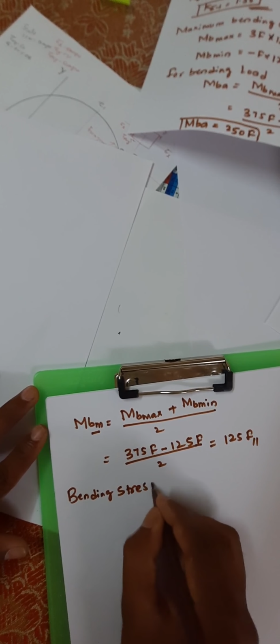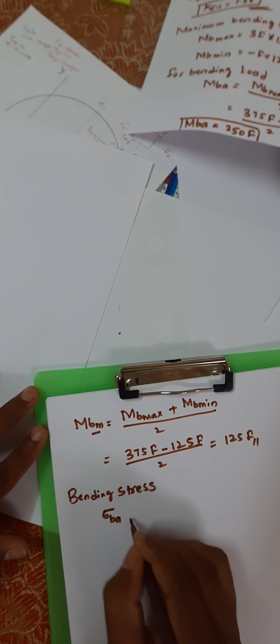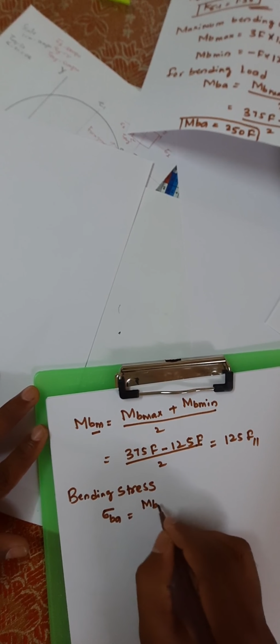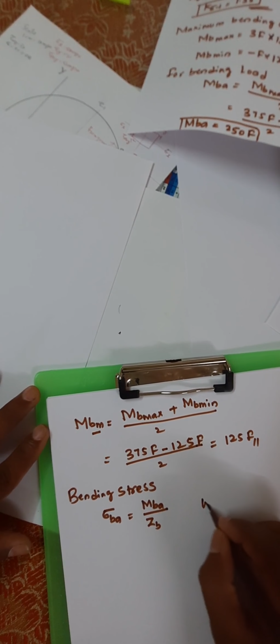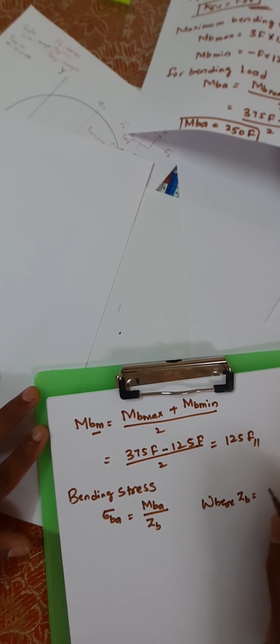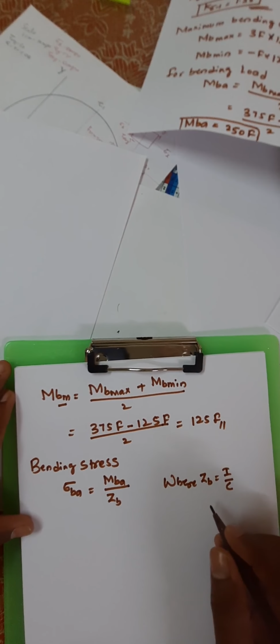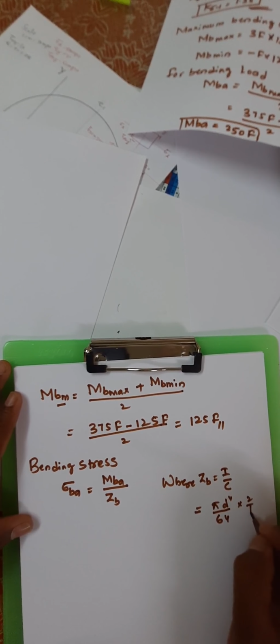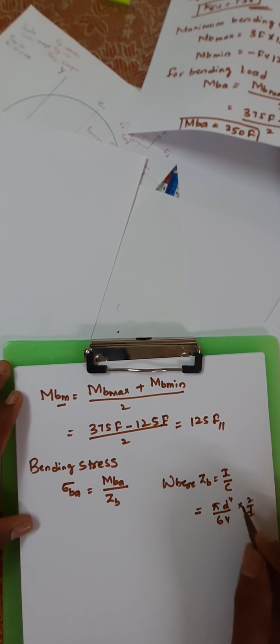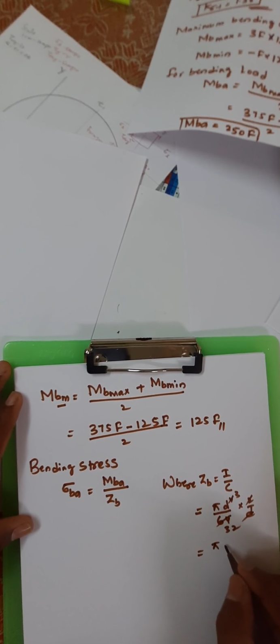For bending stress, sigma BA is MBA divided by ZB, where ZB is the section modulus. ZB is equal to I by C, that is pi d to the power 4 divided by 64 into 2 by d, which becomes pi by 32 d cube.